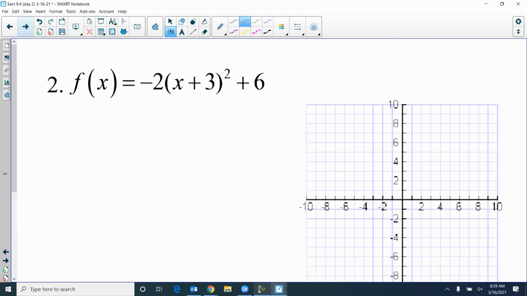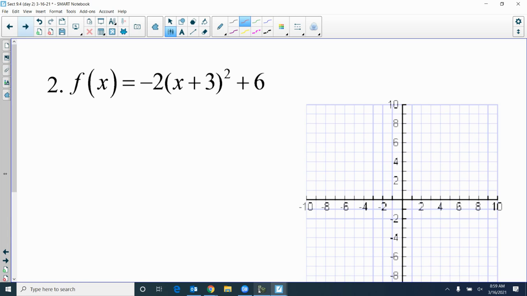All right, -2 times x plus 3 squared plus 6. What's that -2 going to do out in front? It's going to make it narrower, and it's also going to make it open which way? Down. All right, find the vertex. See if you can identify where the vertex is. This the x plus 3.